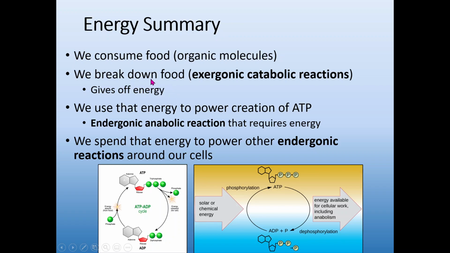We take that energy and use it to power the creation of ATP, which is an endergonic anabolic reaction. It needs energy to function. We get that energy from breaking down food. And then we spend that ATP to power other endergonic reactions around the cell, like building proteins that need energy input in order to happen. Okay? So you could really summarize how life functions in these 4 steps.